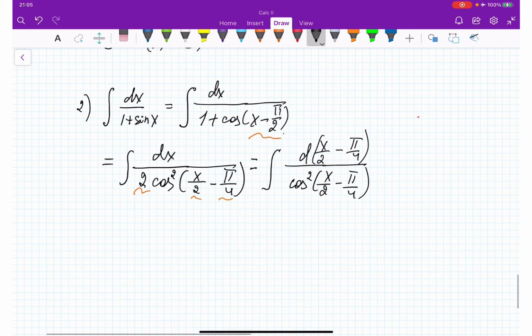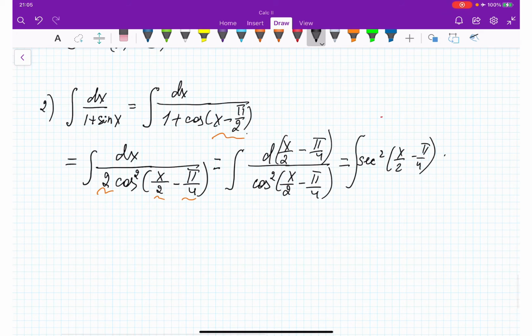And from here, we will have 1 over cosine squared. It's going to be secant squared, right? Secant squared of (half of x minus pi over 4), and d of (half of x minus pi over 4).